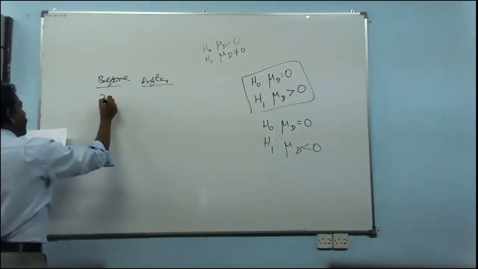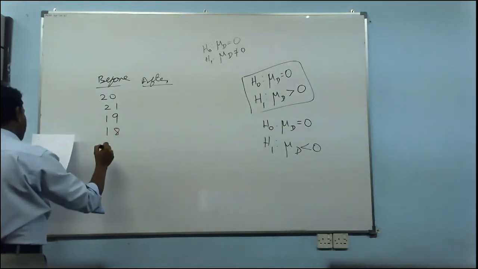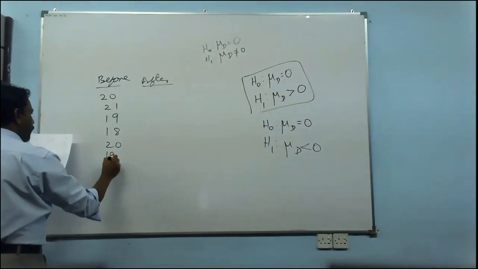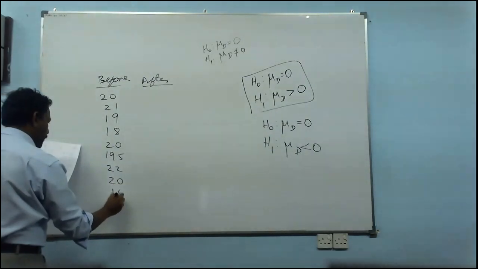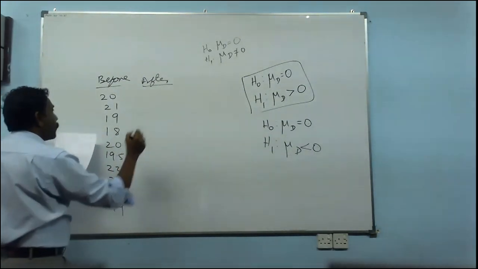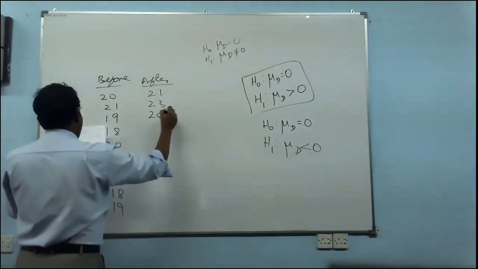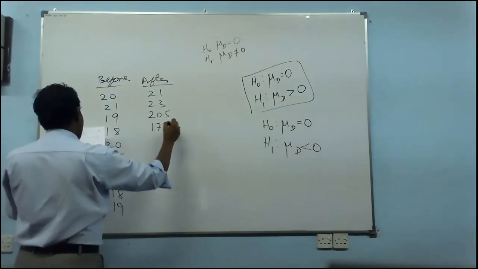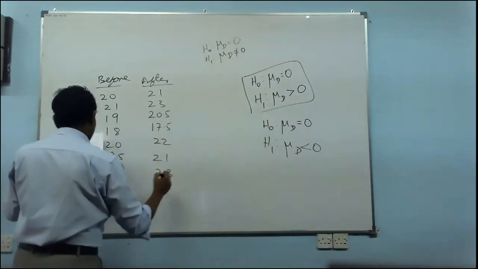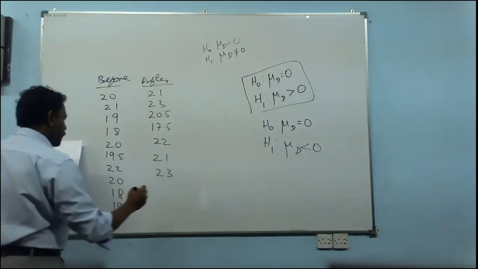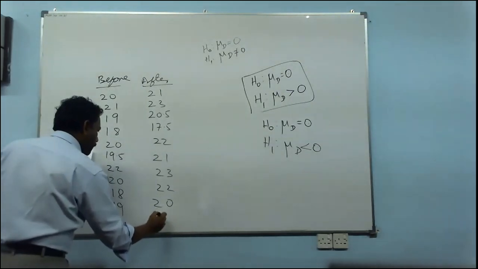The values are 20, 21, 19. This is in liters, let's say 18, 20, 19.5, 22, 20, 18, 21, 23, 20.5, 17.5, 22, 21, 23, 22, 20, 19.5.